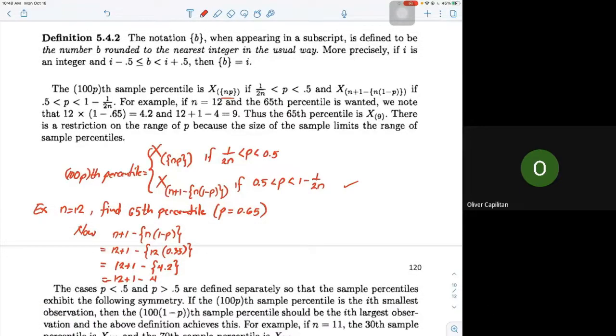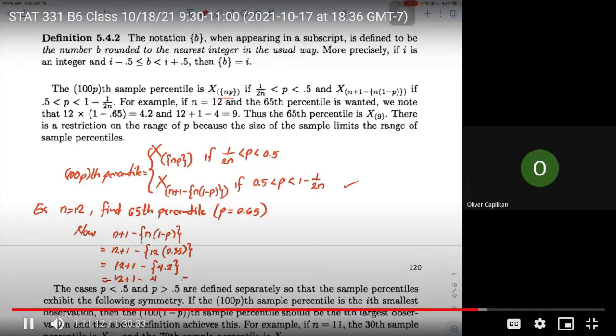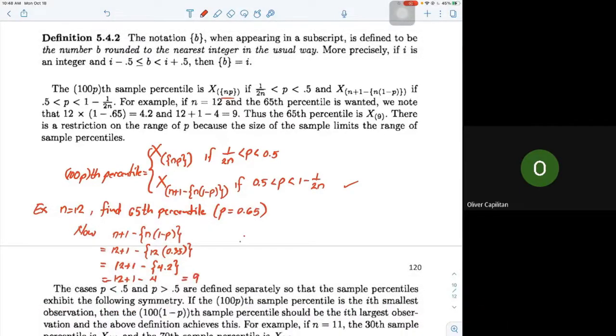Rounding 4.2 gives 4, so 12 plus 1 minus 4 is equal to 9. Therefore the 65th percentile is the order statistic X sub 9, from a random sample X sub 1, X sub 2 up to X sub 12, because n is equal to 12.